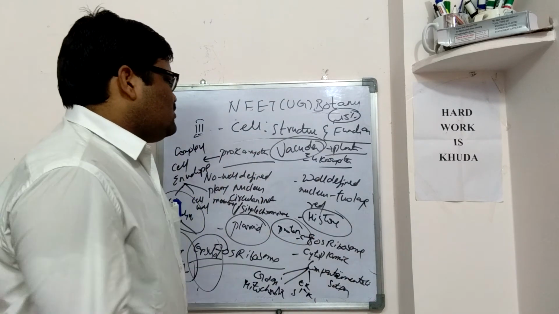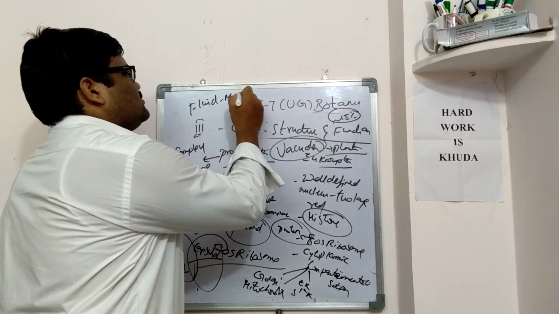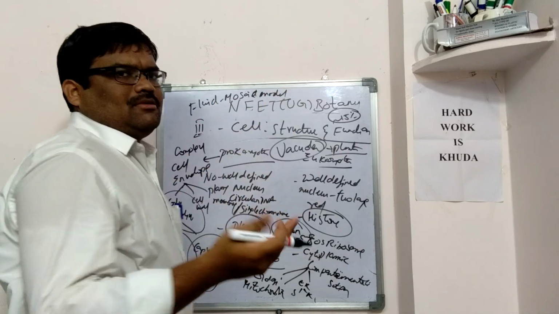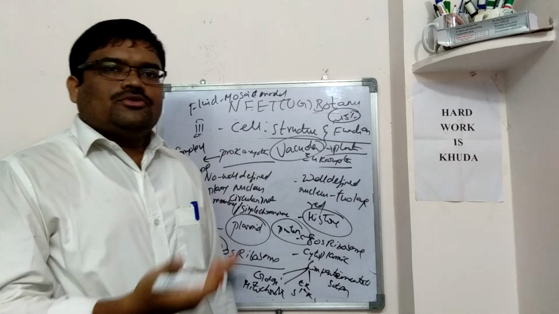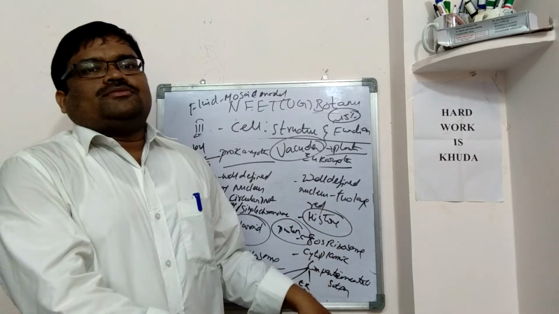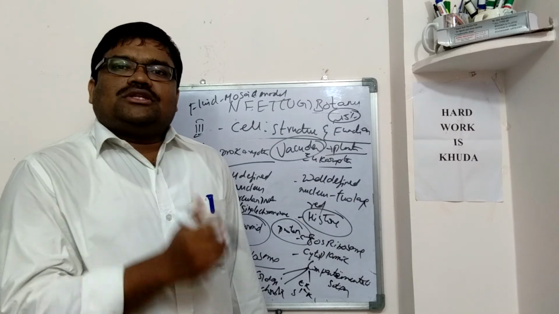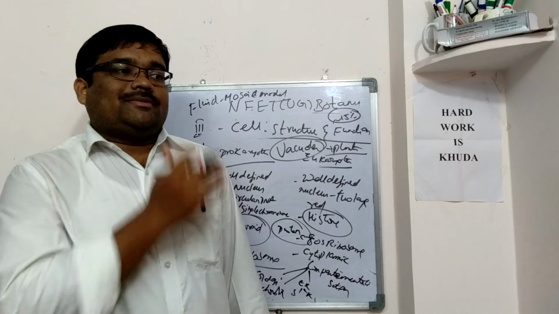Okay. The other issues, we have to study about the fluid mosaic model of plasma membrane, at least at the basic level. Then chromosomes. Here, in case of eukaryotic chromosomes, based on the position of the centromere or primary constriction, they have been classified into metacentric, submetacentric, acrocentric, and telocentric.